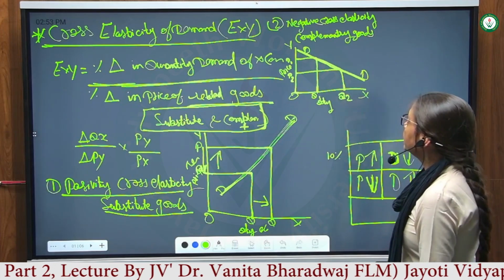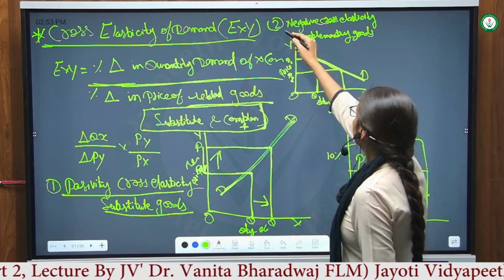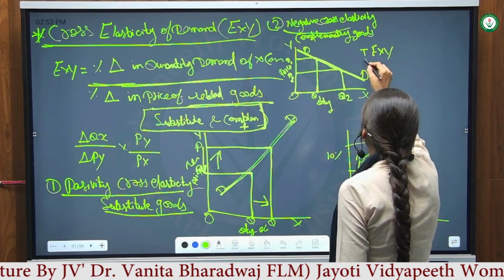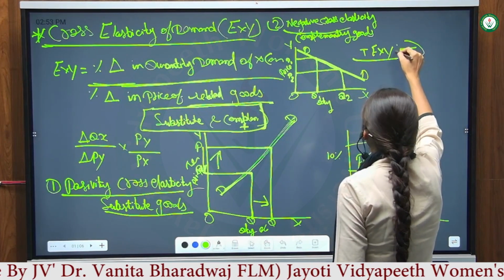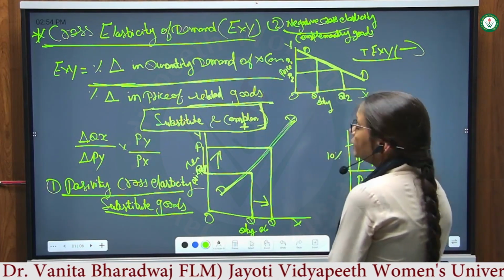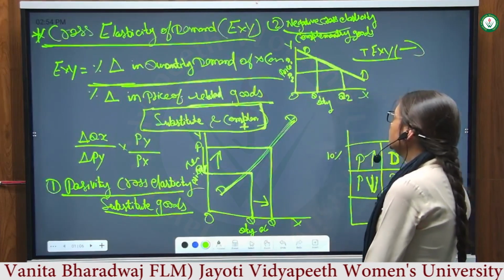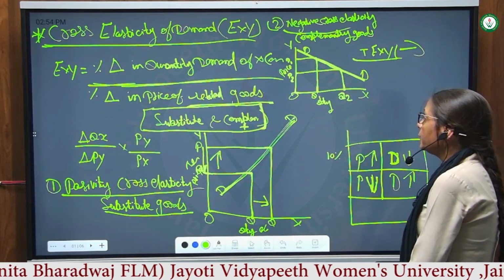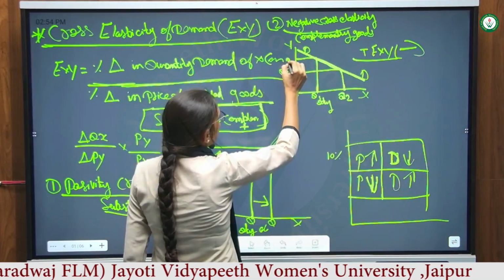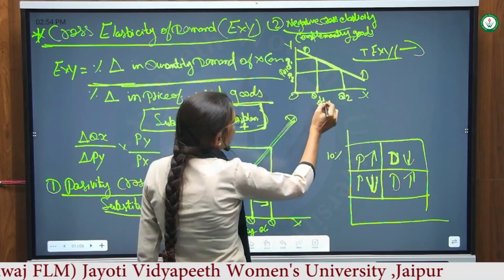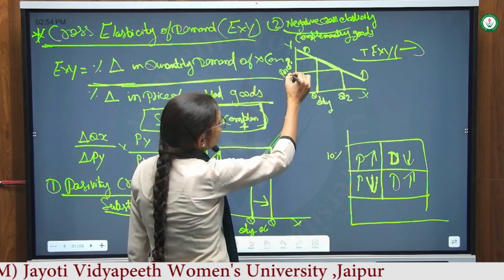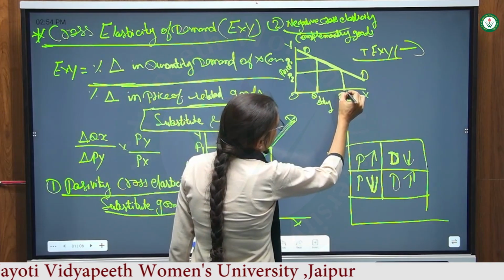Okay, next is negative cross elasticity of demand. Negative cross elasticity of demand is found in complementary goods. Complementary goods are those goods which are used together. When the price of X commodity goes up, demand for Y commodity decreases, and when the price of X commodity goes down, demand for Y commodity increases.